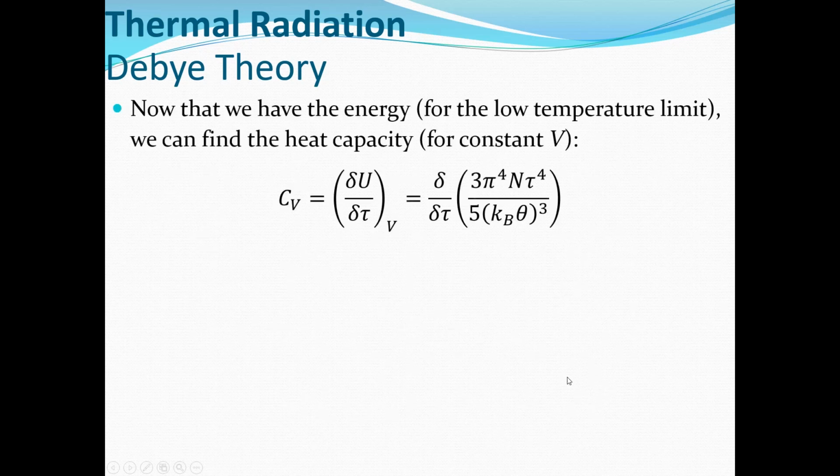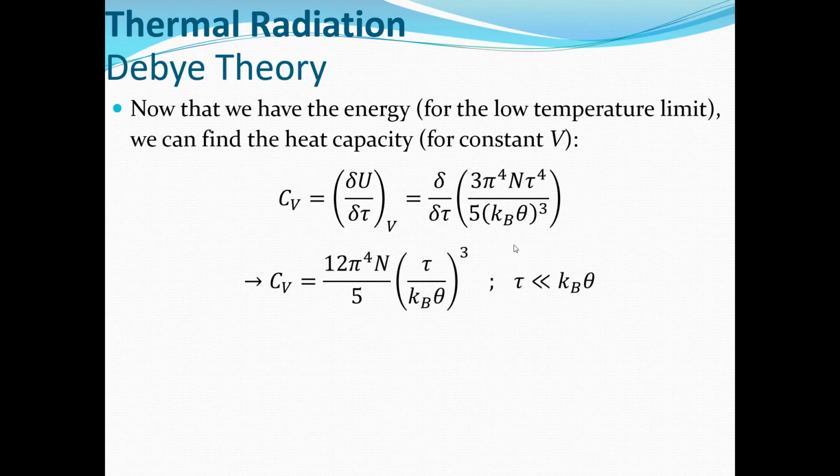And then we could find the heat capacity by taking the equation that we have for the temperature and taking the derivative with respect to tau. So we'd have to change the T in there into tau, but we end up getting this for the heat capacity, again at low temperatures, which can also be rewritten like this, again at low temperatures.